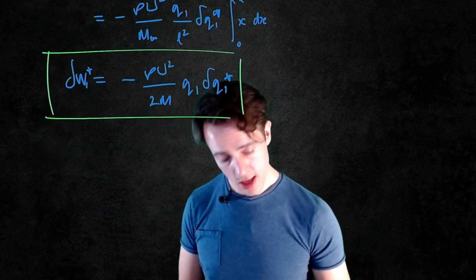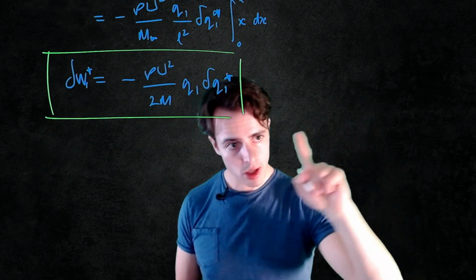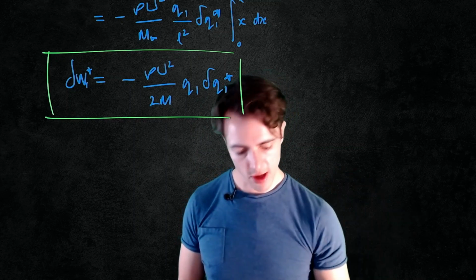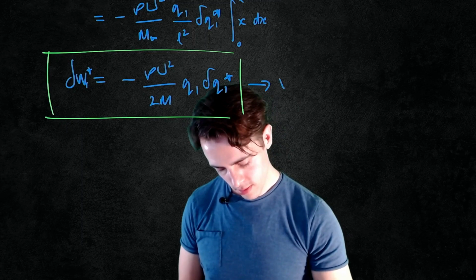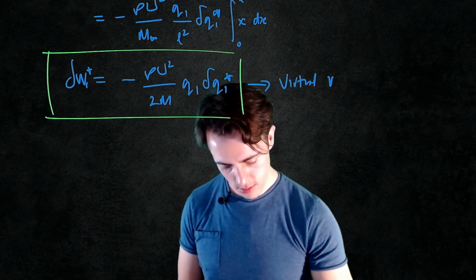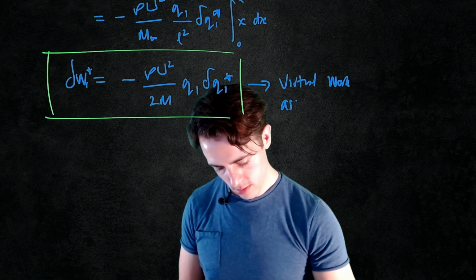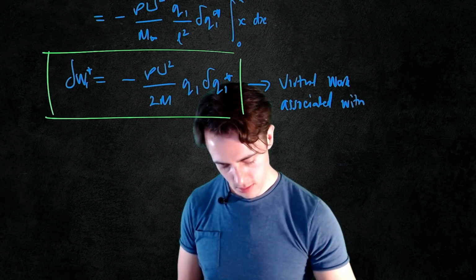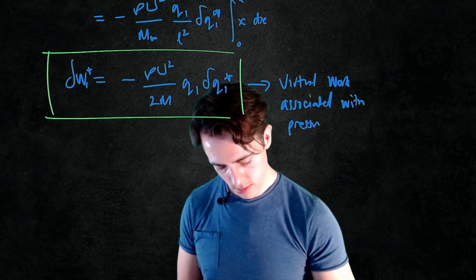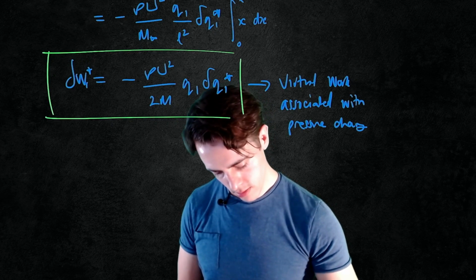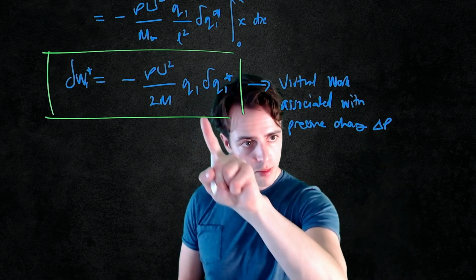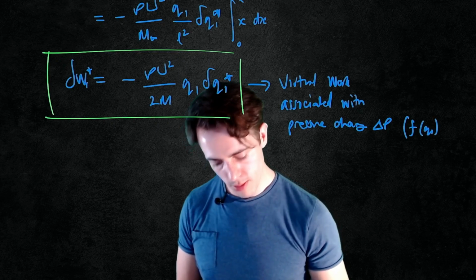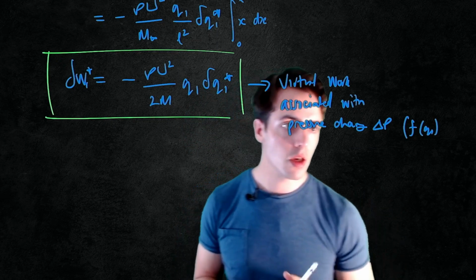So what we've got here is the virtual work because of virtual displacement q1 on that first plate. So this pressure change is caused by the real displacement q1 when moved through this arbitrary displacement q1 star.